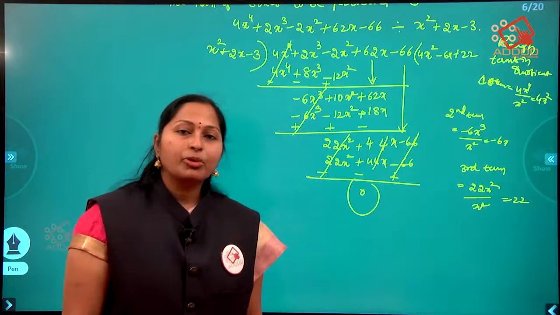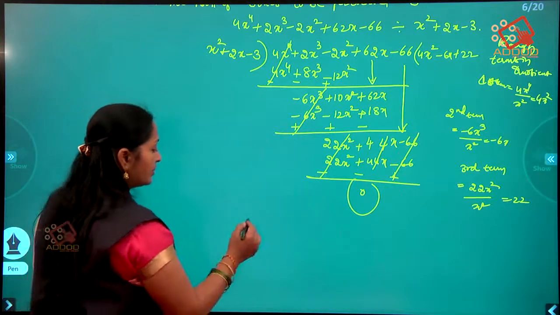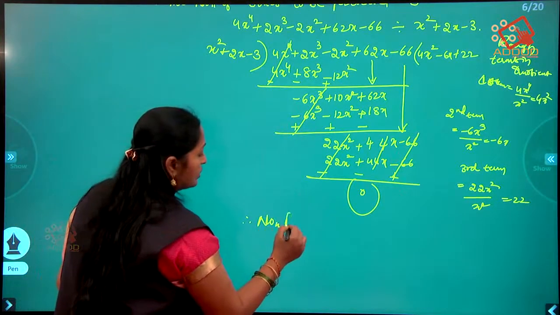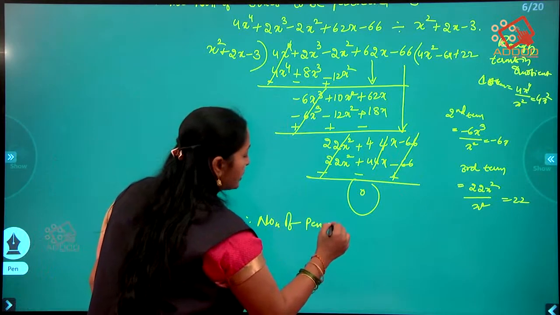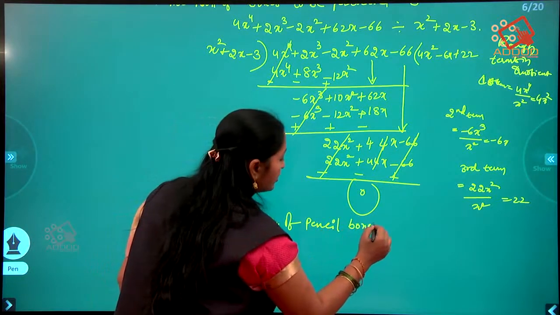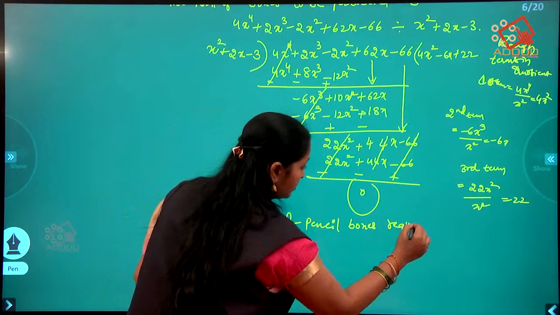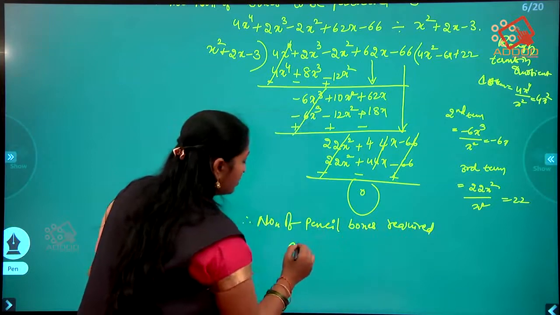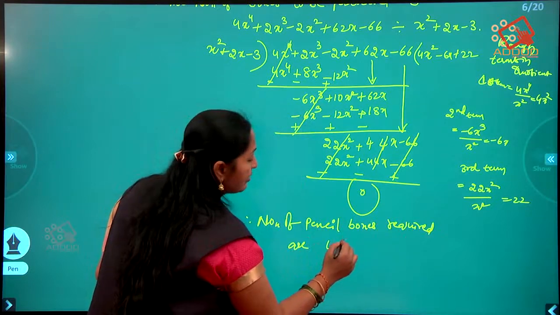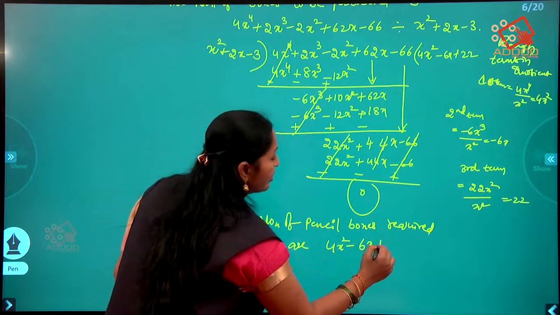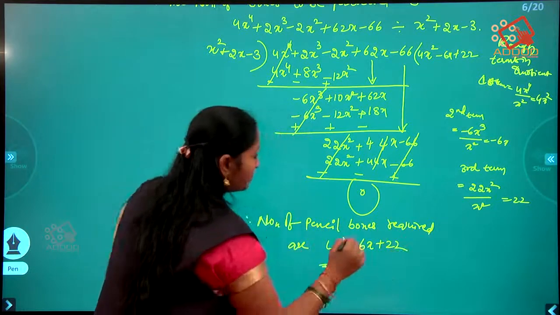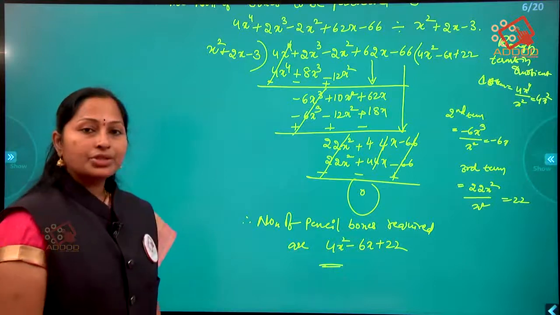Therefore, the number of pencil boxes required are 4x square minus 6x plus 22. Okay students, shall we move on to the next question?